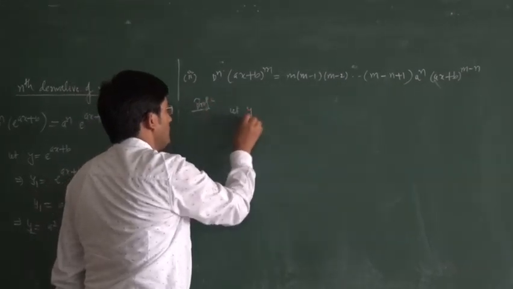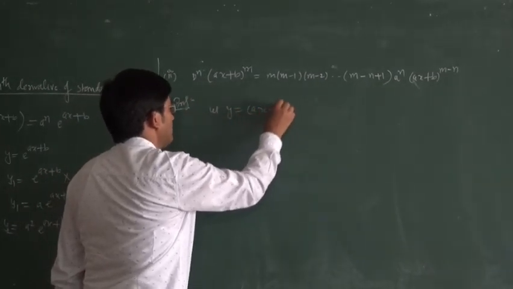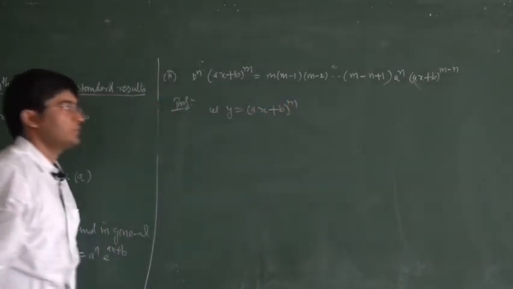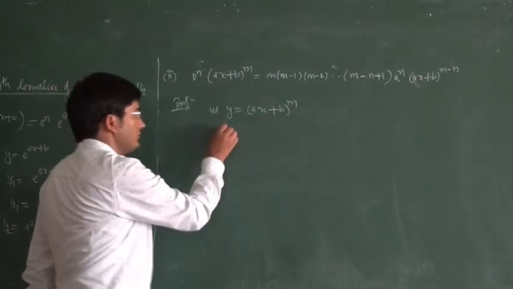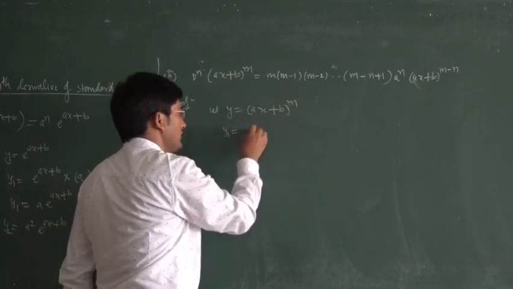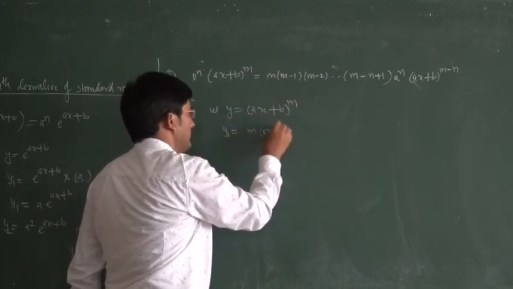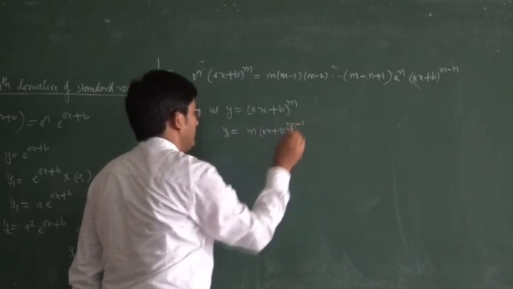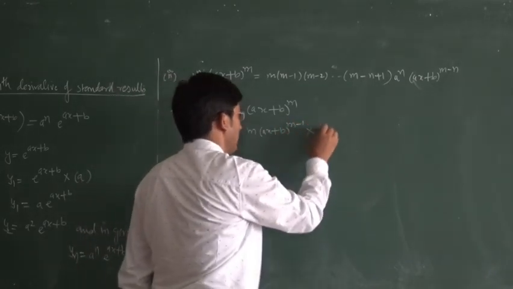Let y equal to (ax+b)^m. Then our first order derivative will be y1 equal to the differentiation of x^m, which is m x^(m-1), and then the differentiation of ax+b will be a.